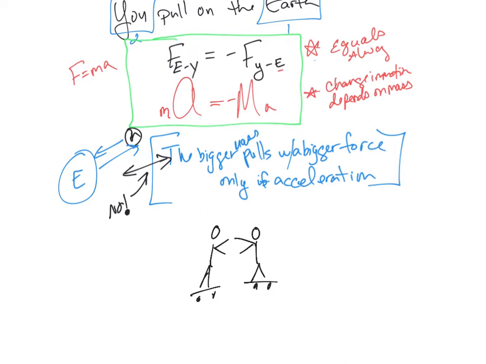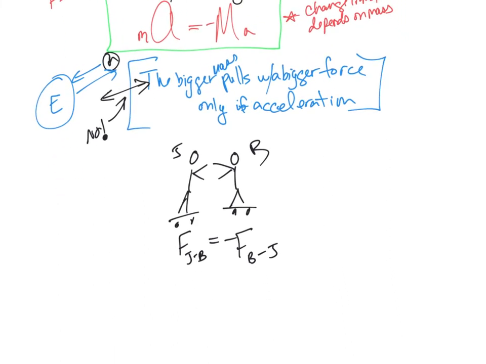And we say that the force, this was Jim and this was Bob, the force of Jim pushing on Bob is equal and opposite to the force of Bob pushing on Jim. And we say, okay, I get Newton's third law. Yay, they're equal and opposite forces. Okay, how do you move? How do you know who wins this push war?